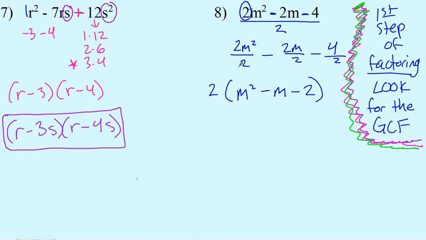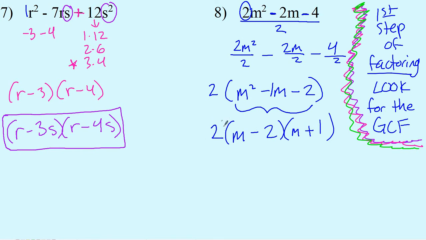But now that you've factored it out, we're still not done factoring. We still have to factor this. So still take your 2. We still have to factor that into m. The only possibilities we have are 2 and 1, 2 times 1. I want to make it negative 1, so I need a negative 2 and a positive 1.